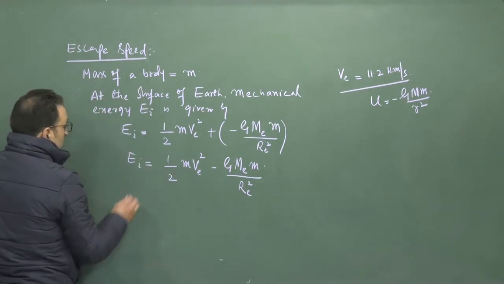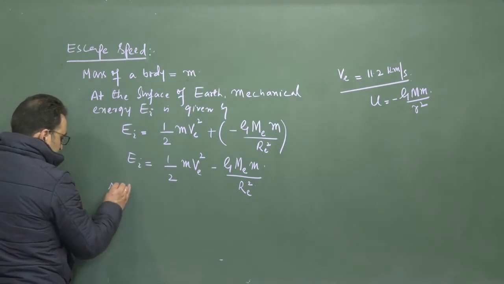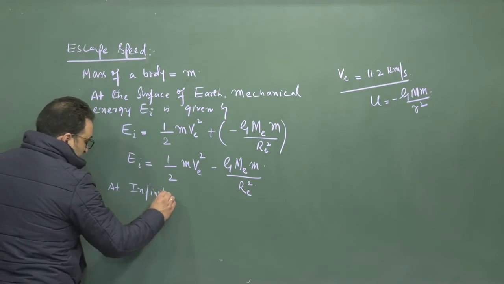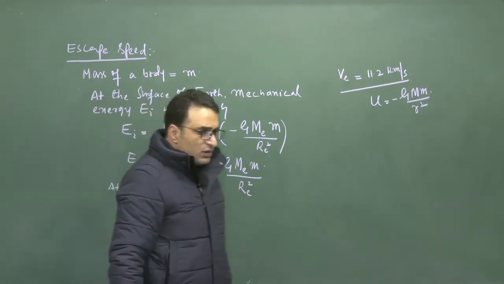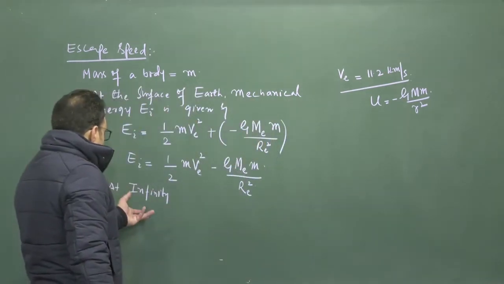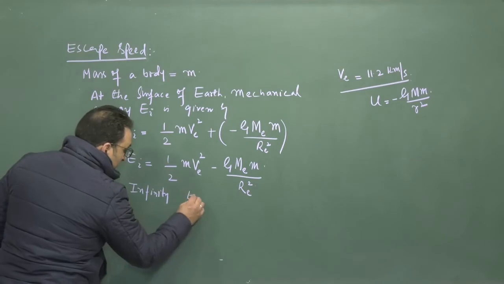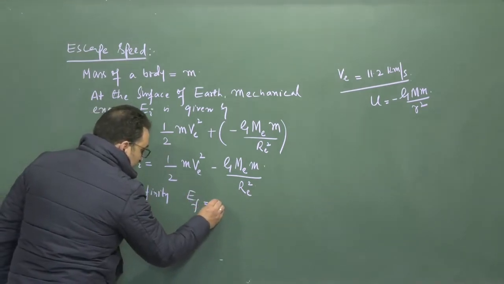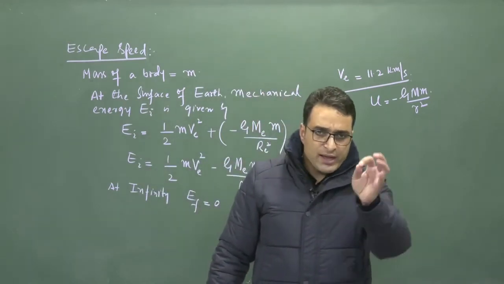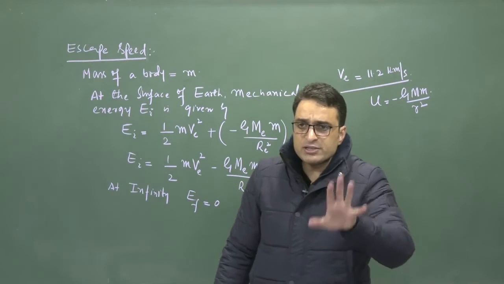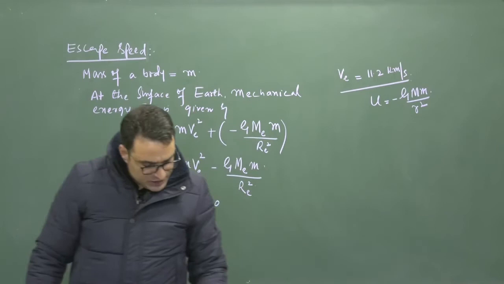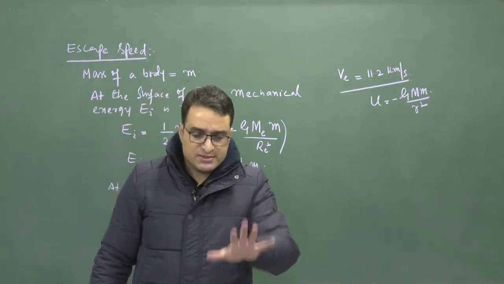Now, at infinity, as I have already discussed with you, the mechanical energy is 0. That is, E_f equals 0. Because we make an assumption that the body has to just escape the gravitational field of Earth. That means it stops after reaching an infinite distance from the Earth's surface.